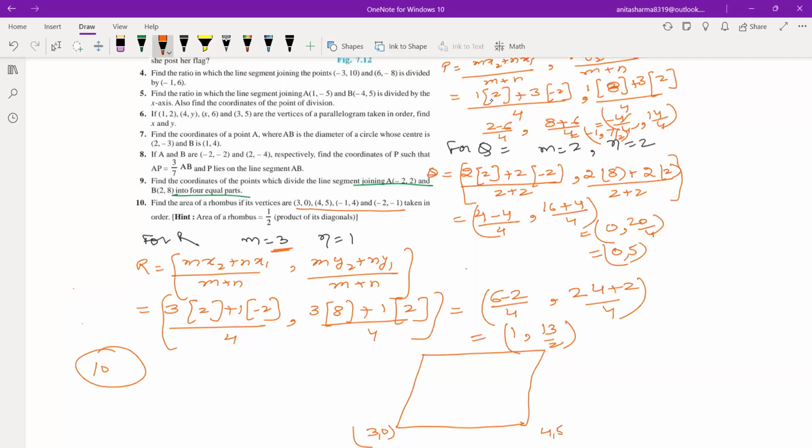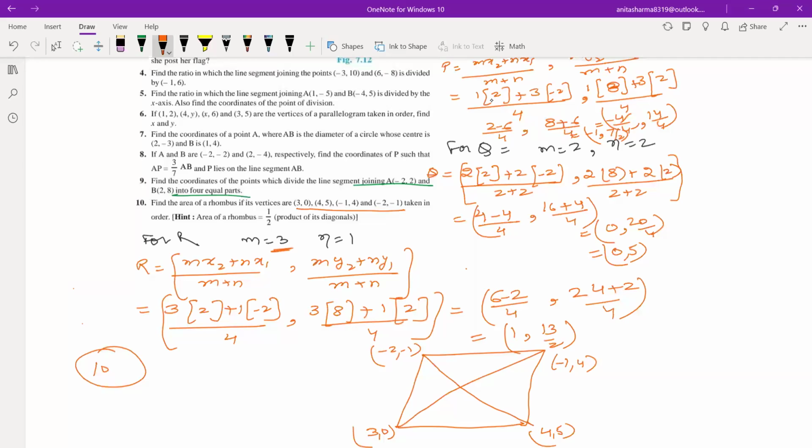What is rhombus? Ma'am, it's a parallelogram, but with all sides equal. Yes, all sides are equal. Now we have to find the area of the rhombus and a hint is also given.